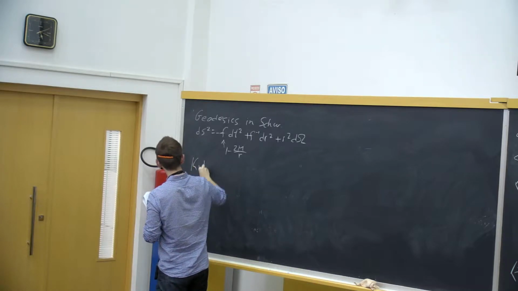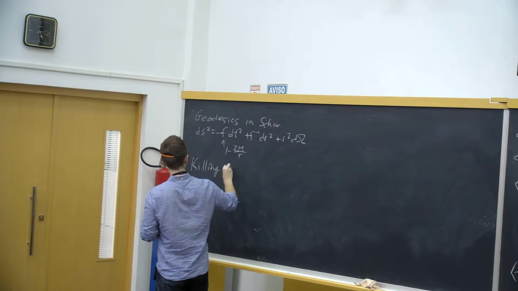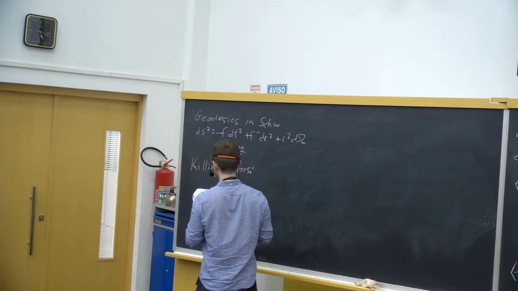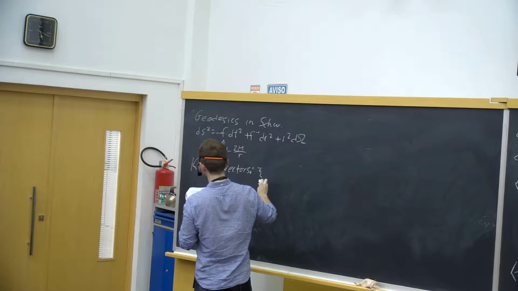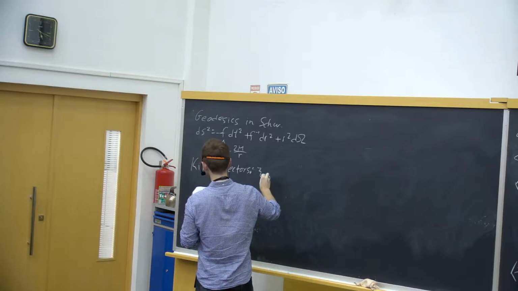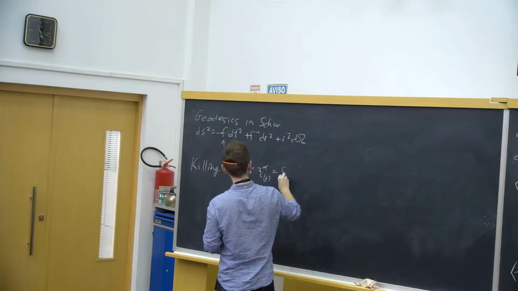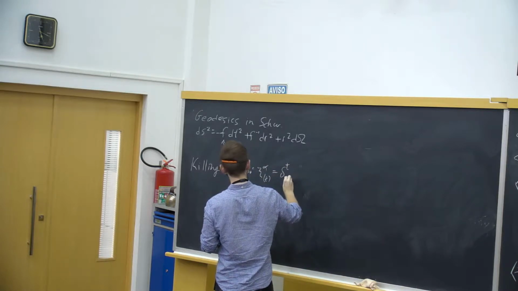We have a time-like Killing vector, z_t^alpha, which is just a component in the t direction.